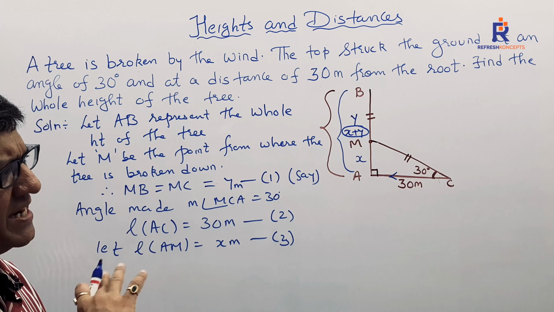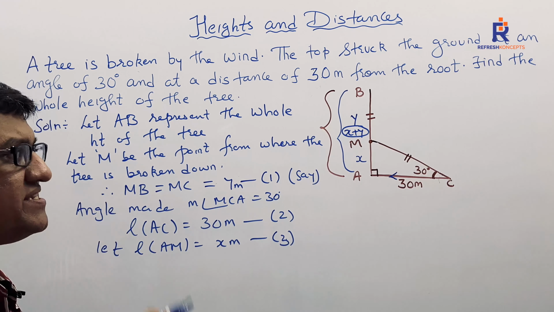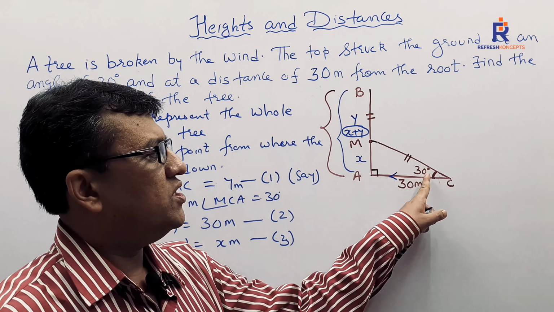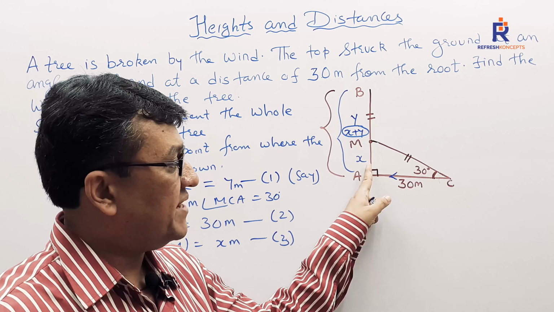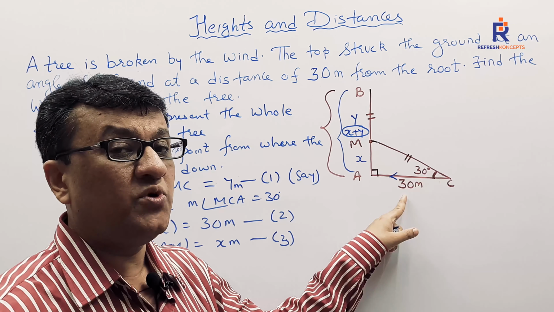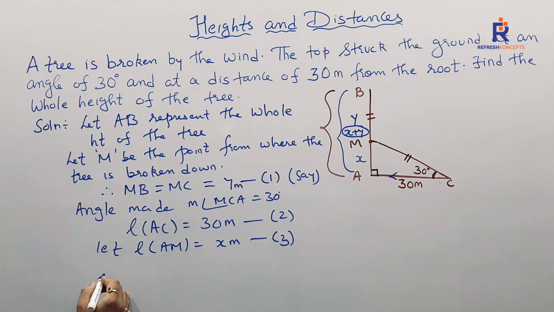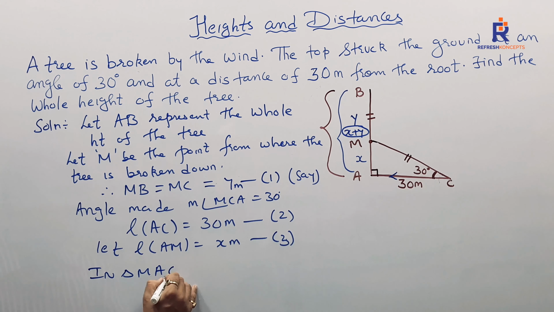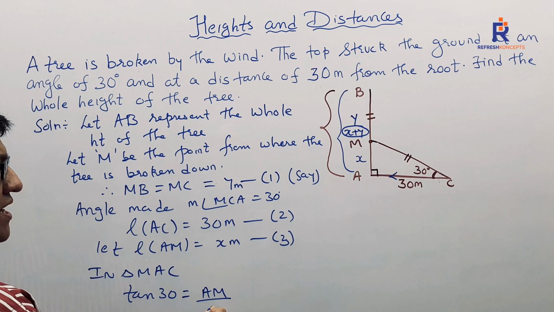Now I think we are done with the entire setup. We just need to go inside the diagram. In context to this angle theta, what I want is the opposite side, and what I'm being given is the adjacent side. So which trigonometric ratio am I going to use? I'm going to use tan. So in triangle MAC, tan 30 is AM by AC.